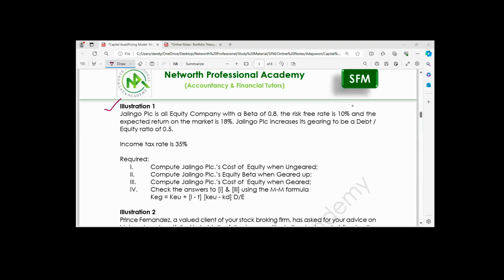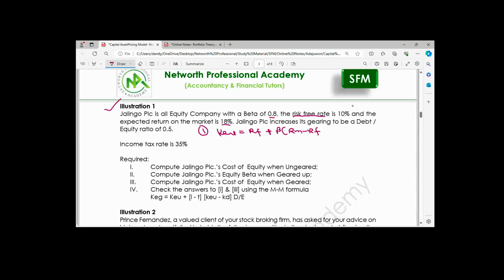Therefore, to answer requirement 1, cost of equity ungeared equals the risk-free rate of return plus beta multiplied by market return minus risk-free rate of return. The examiner has given us the risk-free rate of return to be 10%, the market return to be 18%, and the beta of the security to be 0.8.